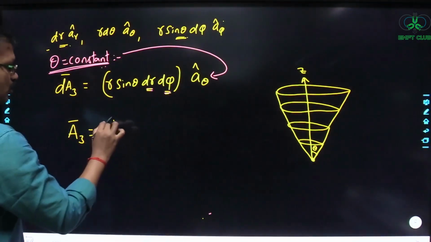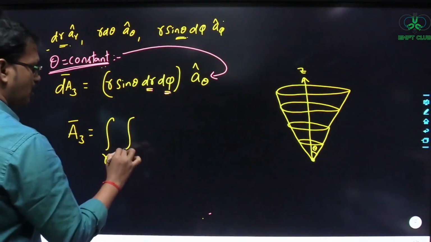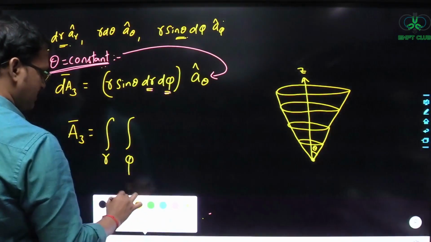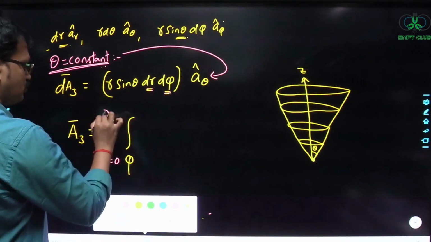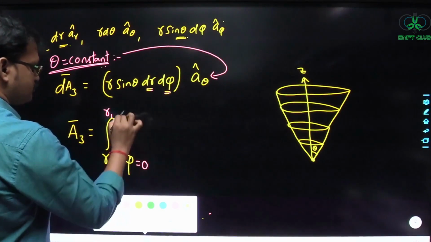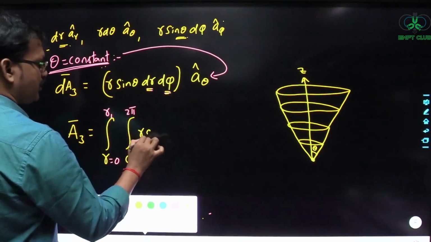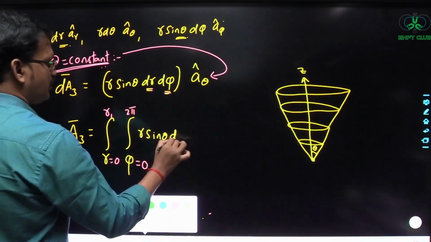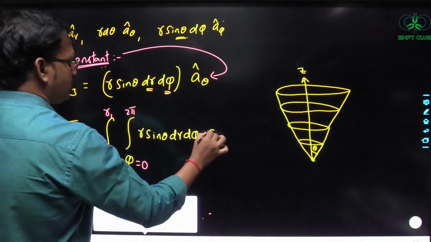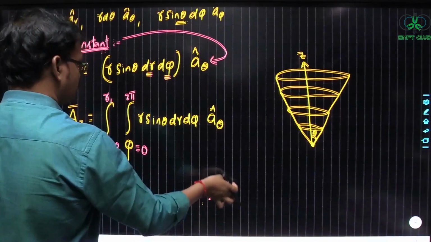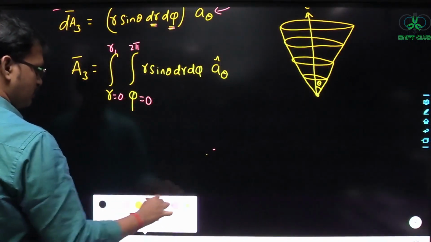Here you have to integrate with respect to r and with respect to phi. Let us say the range of r is from 0 to r1, and the phi range is from 0 to 2 pi. So you are going to get the integral of r sin theta dr d phi in the a theta cap direction.